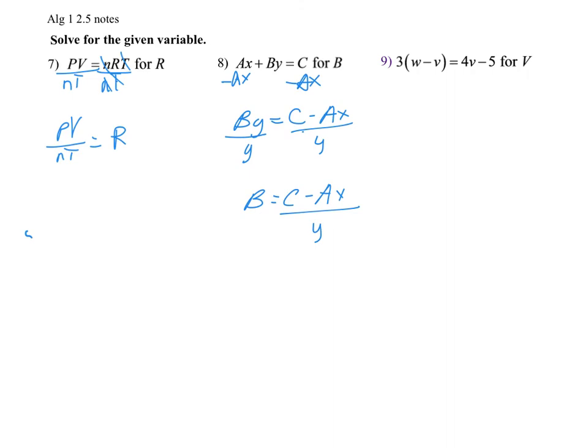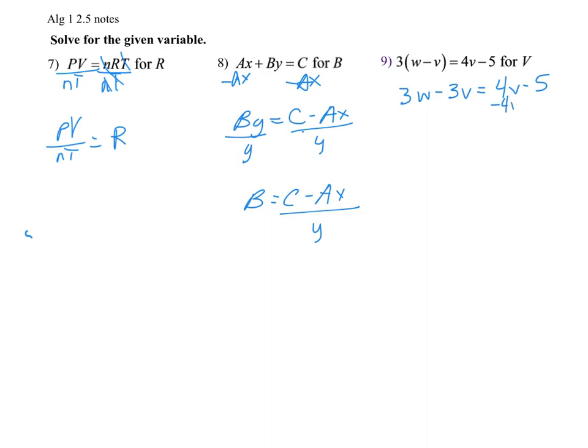Okay, for number 9, the first thing I'm going to do is distribute that 3. Alright, and then I am trying to solve for v. So I'm going to move all of my v's to the left-hand side and everything else to the right-hand side.